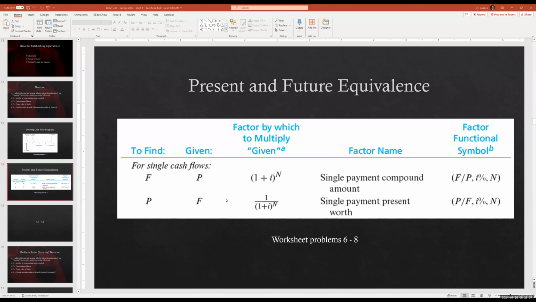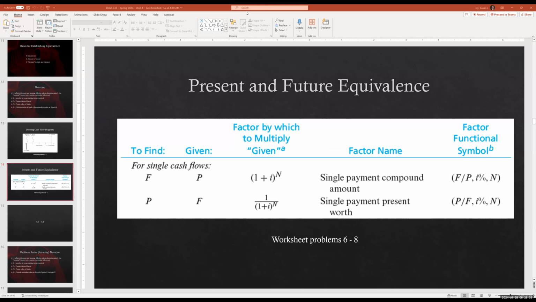Same thing for P given F. We have the reciprocal of the compound interest formula. It's a single payment present worth. And we see P given F with I percentage and N as the number of periods. So we're going to switch to the dot camera and look at a couple of these examples, as well as looking at the compound interest worksheet.